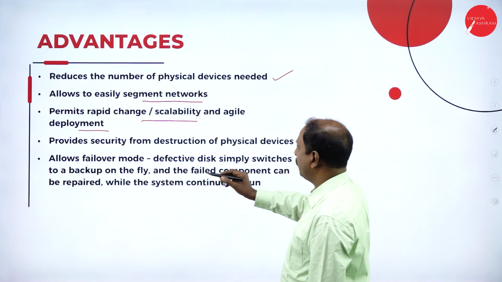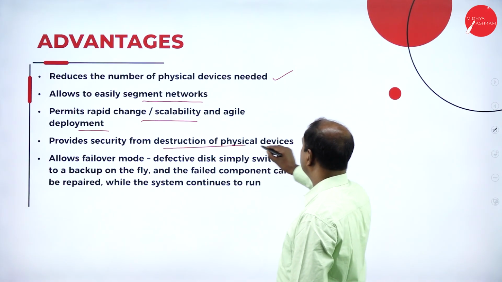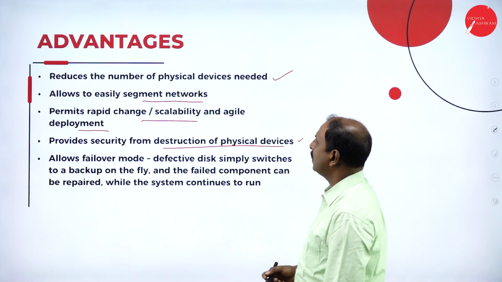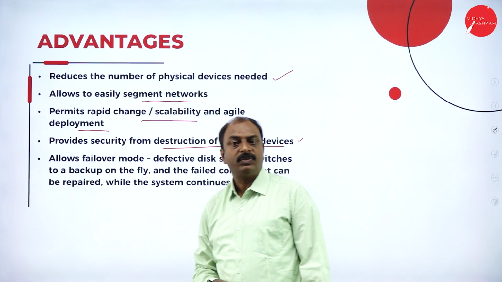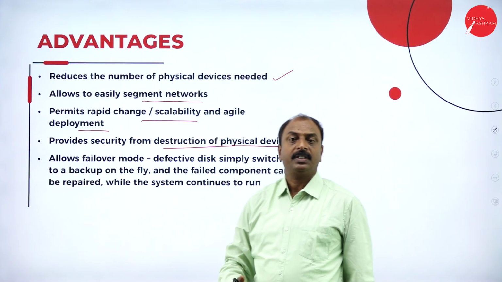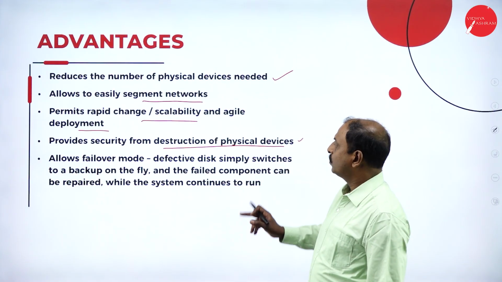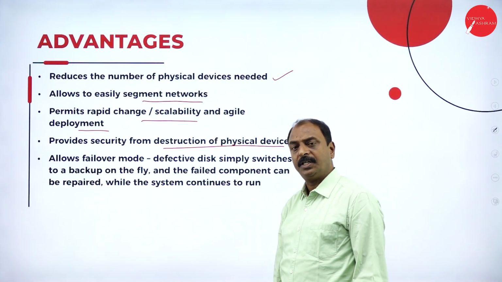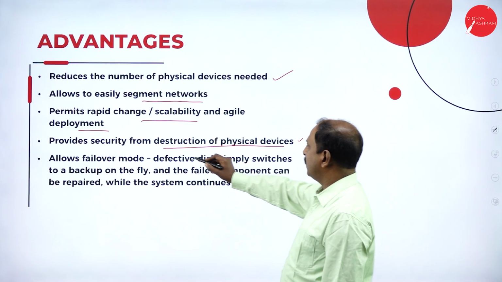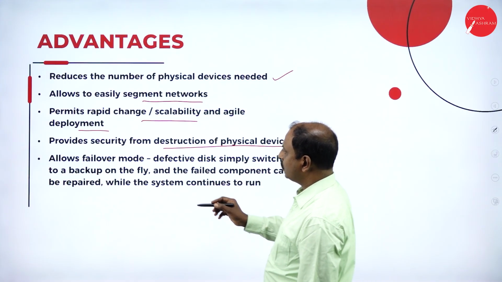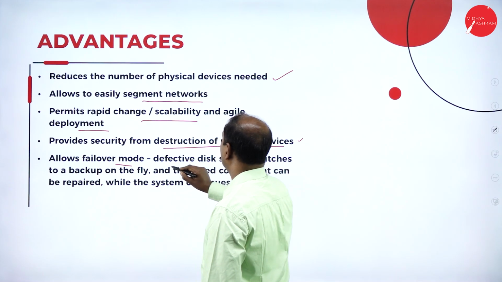Now it provides security from destruction of physical devices. This is another advantage, because, as we have seen in the previous slide, physical devices like routers, switches, everything, through virtualization are accessed through logical devices. That way destruction of physical devices can be avoided, and it allows failover mode.